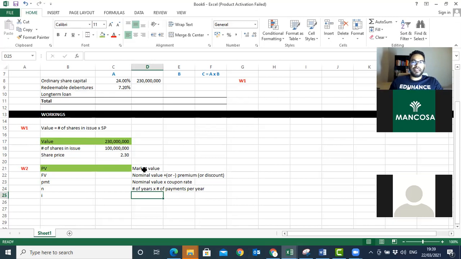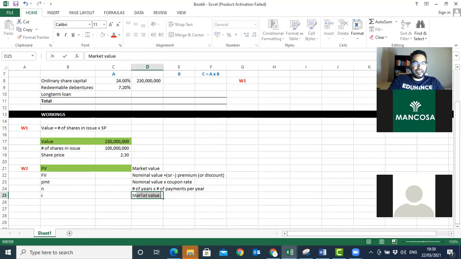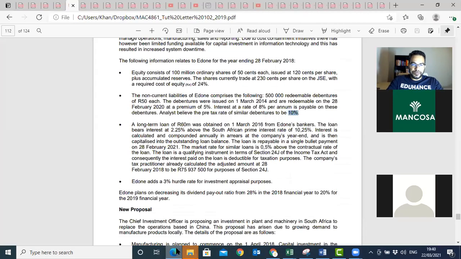So let's say that is 6 years, and each year there's 1 payment. Therefore, it is 6 times 1, which is 6 years. I is the market rate. Okay, so let's be aware of that. So let's have a look.